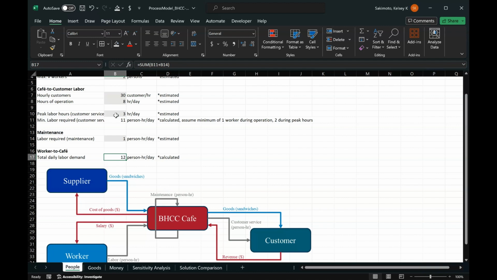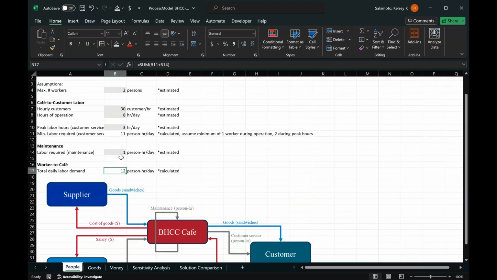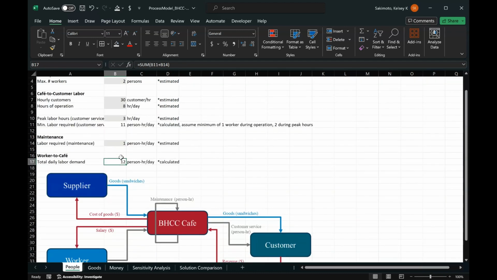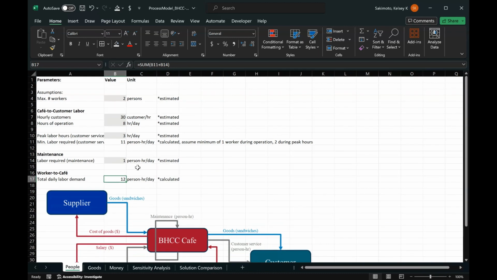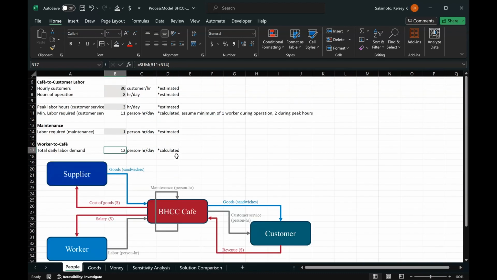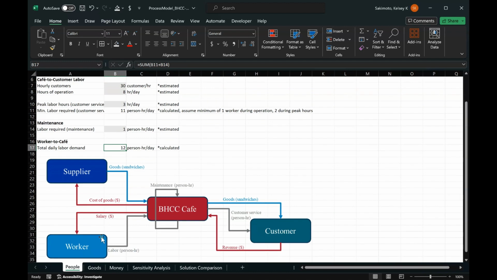So my minimum labor required, 11 plus 1, gives me this 12. So this is a way that I can model how much labor is required to run this cafe based off some estimates about how many people come to the cafe and how many hours the cafe is open. Again, this sheet, this part of the model, tries to quantify each of these arrows.